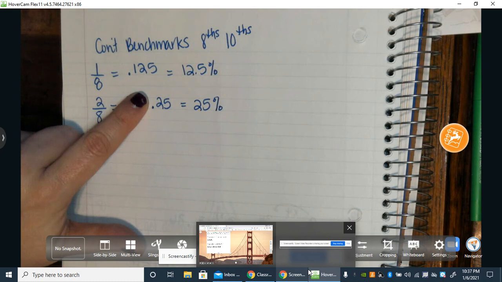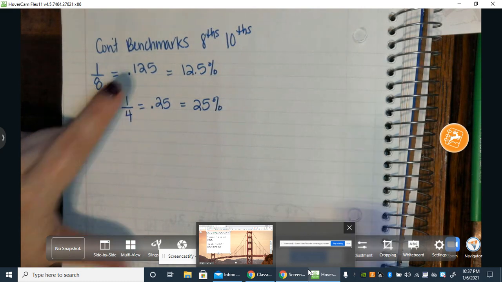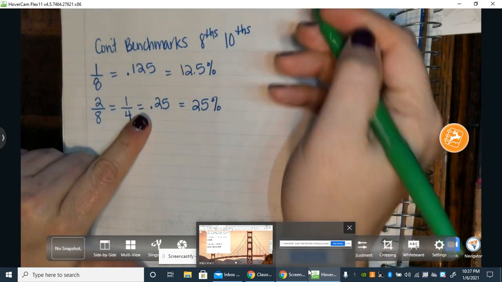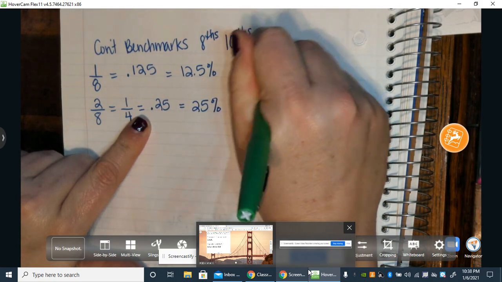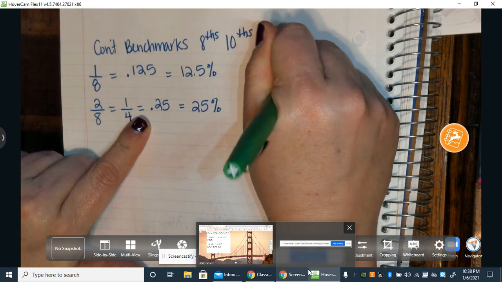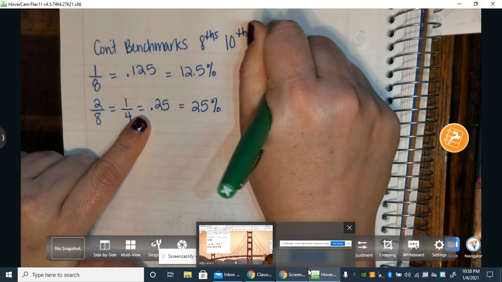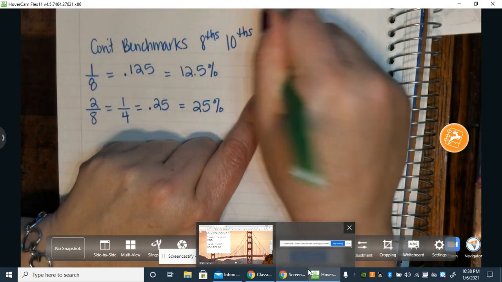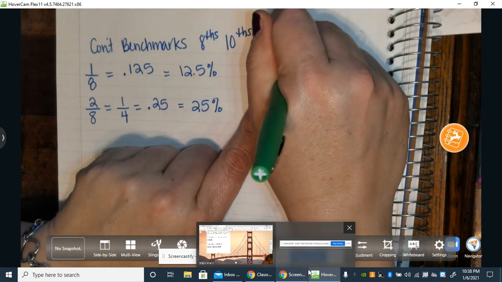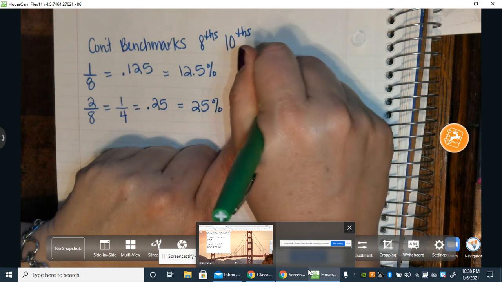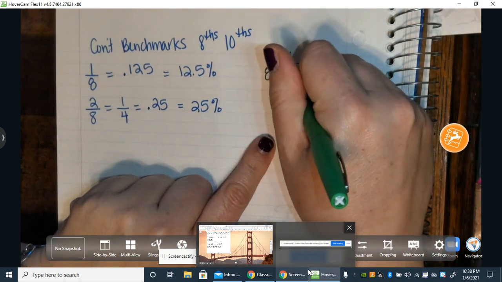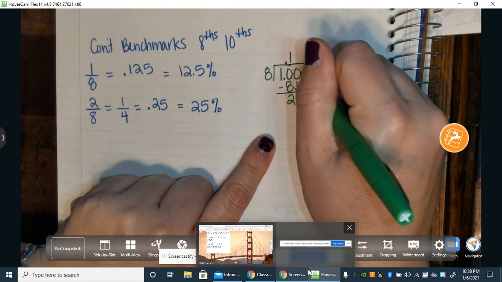Also, if you did this as division, you will find that out. And I'm going to do that right over here to the side just to show you. All right, remember top in, bottom out. So 1 in, 8 out. I'm going to throw a decimal and some zeros behind there. 8 can't go into 1, but 8 can go into 10 one time. Gives me 8. 10 minus 8 gives me 2. I subtract. I bring down my 0.